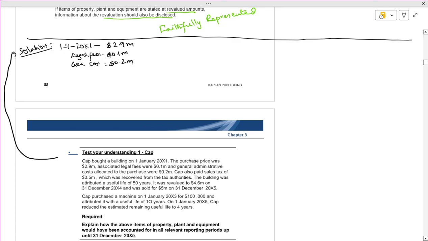CAP also paid sales tax of 0.5 million, which CAP has recovered from the tax authority. The building has a useful life of 50 years. It was revalued on 31st December 2004 at 4.6 million, and was sold at how much?